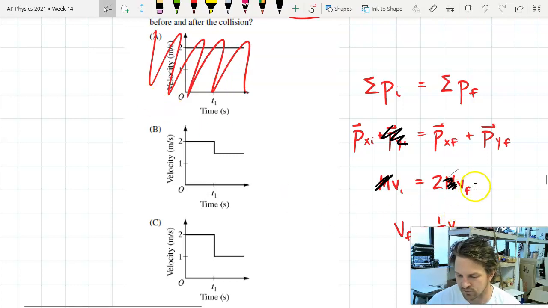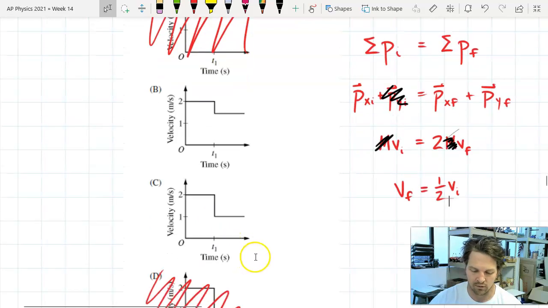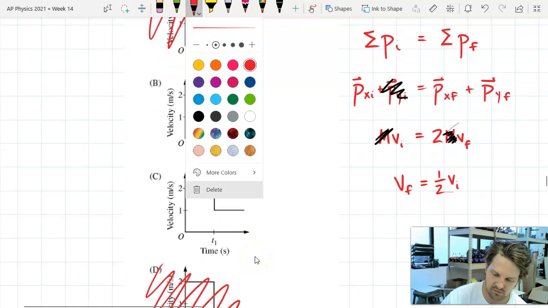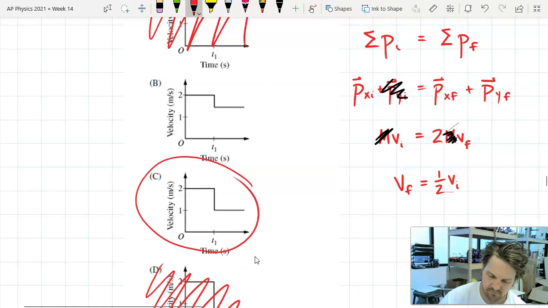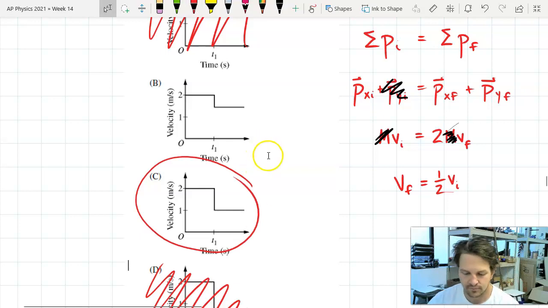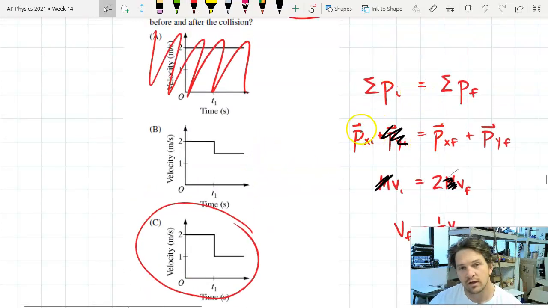If we just solve for V final right there, if it started at 2, the resulting velocity should be 1. So our answer is C. You could work that out, or you could just remember, hey, if the mass doubled, the speed should be cut in half. Okay.